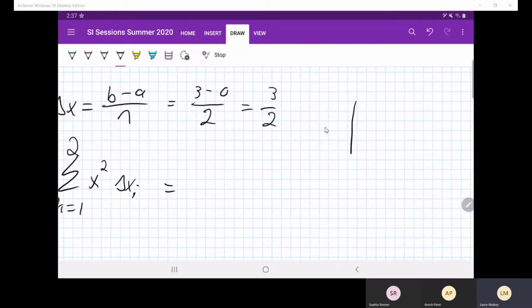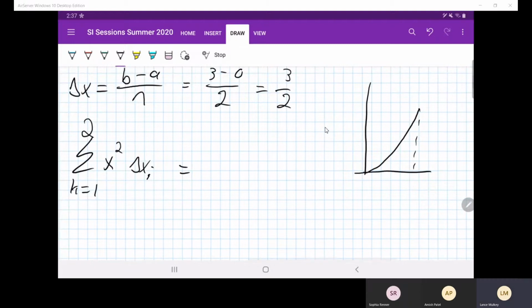I'm going to draw this graph real quick. x squared looks something like this. You have 2 intervals, so this is 1/2, zero, and that's 3/2, because you have 2 rectangles.